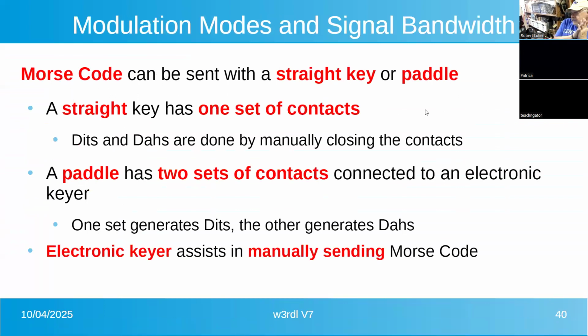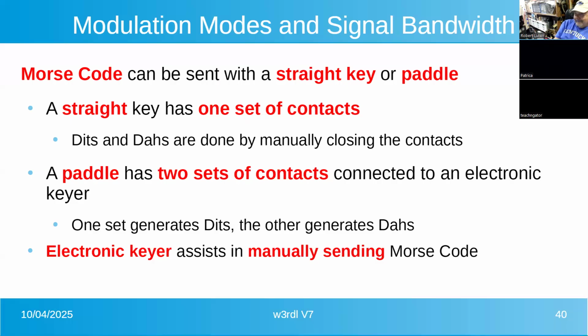Okay, when you're sending Morse code, originally it was done with what we call a straight key. If you remember the old telegraph keys and you saw the guy pounding out the stuff, it's just a single contact, okay? And you're either closing the circuit or opening the circuit. And it's up to you to manually control the timing.